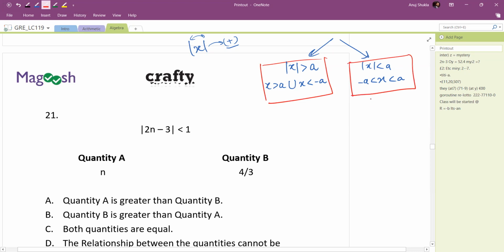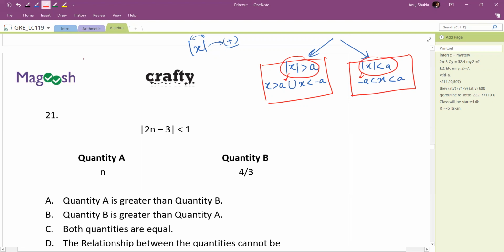With the hit and trial method, you can take whatever values you want and then solve. But if you don't want to go for hit and trial, you should remember: if they give mod x is greater than a, the solution will be like this, and if they give mod x is less than a, the solution will be like this. How to utilize these things, I'll tell you in the upcoming questions. Any doubt?